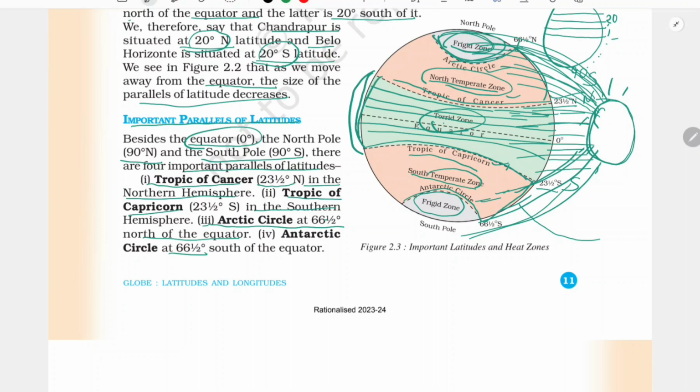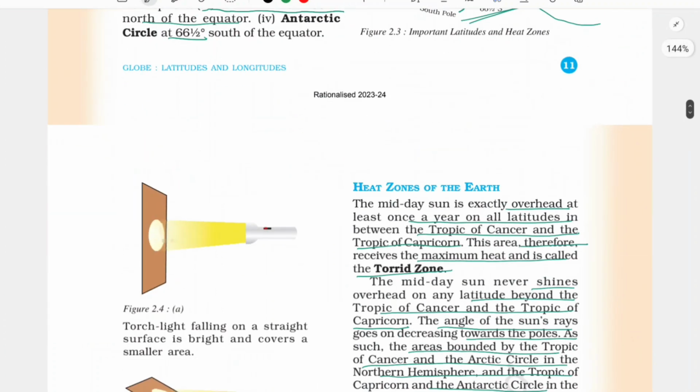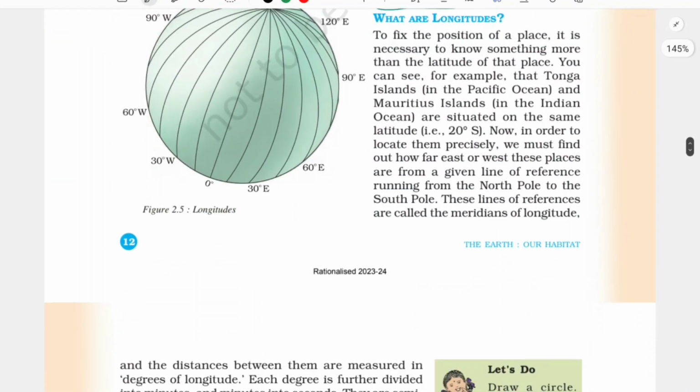And above that, from the Arctic Circle to the North Pole and the Antarctic Circle to the South Pole, you will find the sun rays are very less and there is less heat. So this area is known as the frigid zone. So these were the heat zones of our Earth. I hope you have understood these heat zones.